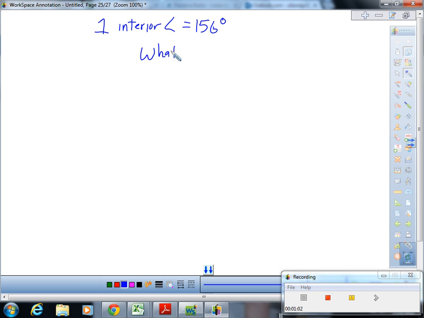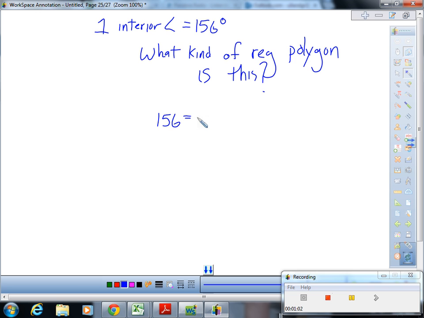What kind of regular polygon is this? Okay, so we're just going to say that 156 is equal to n minus 2 times 180 divided by the number of sides.